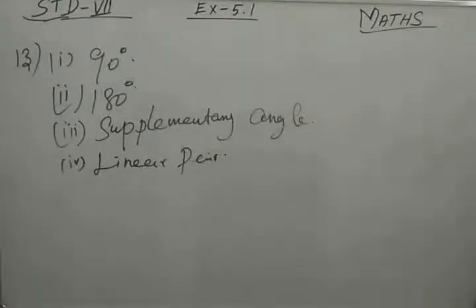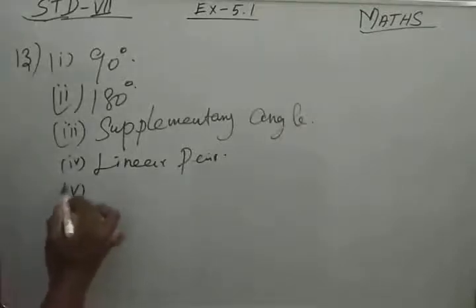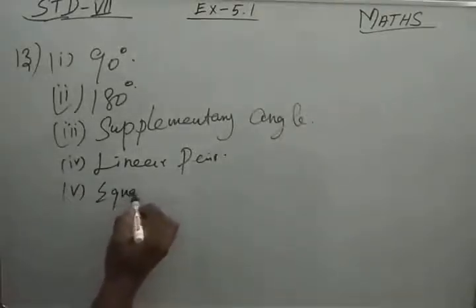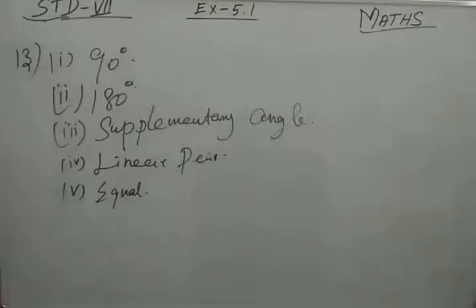If two lines intersect at a point, then the vertically opposite angles are always equal. Because when two intersecting lines are there, as I already told you, it forms only opposite equal angles.